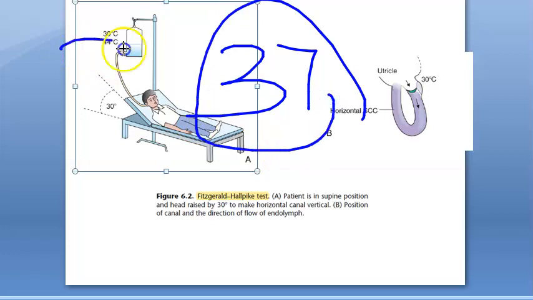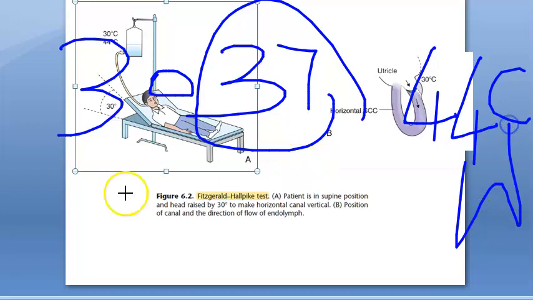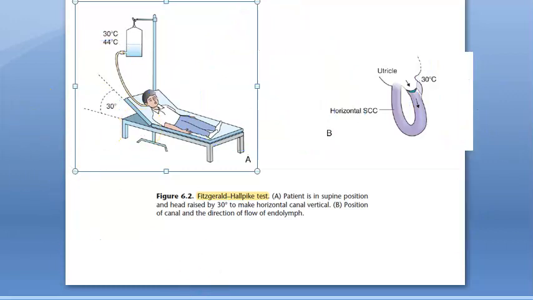Minus 7, that is 30 degrees centigrade, will be the cold water, and plus 7, 44 degrees centigrade, will be the warm water. Let us start with the right ear and give the 30 degrees centigrade water.